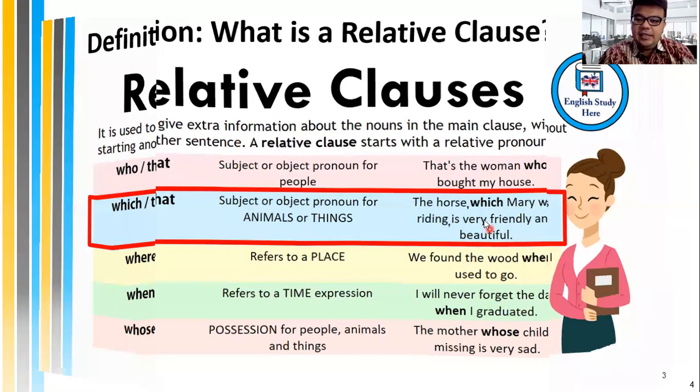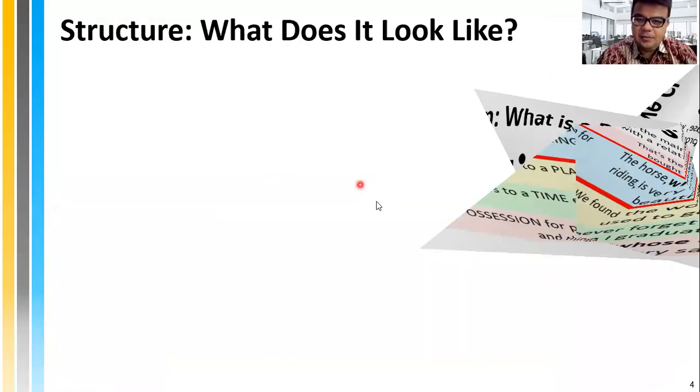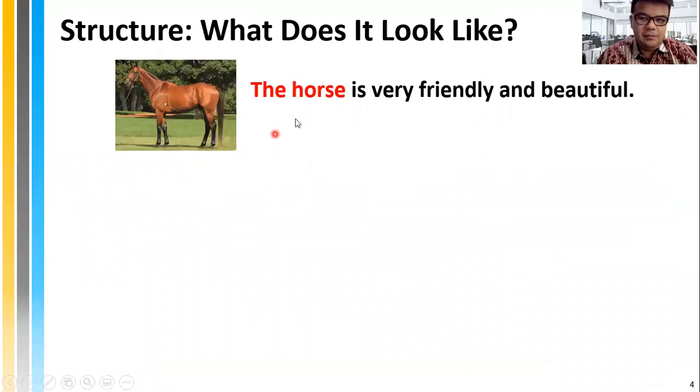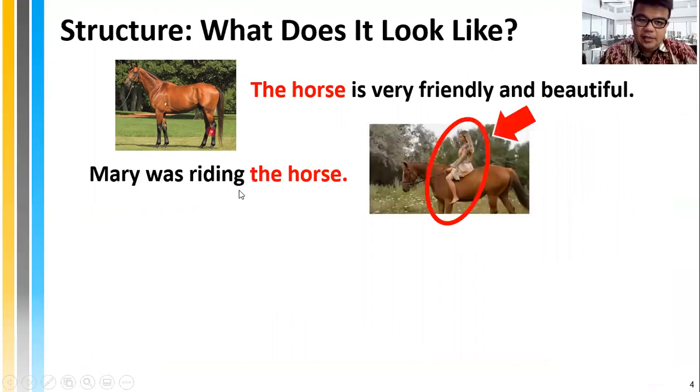Okay, let's take a look at another example, one by one. There are two sentences here. The first one is, the horse is very friendly and very beautiful. And the second one is, Mary was riding that horse.